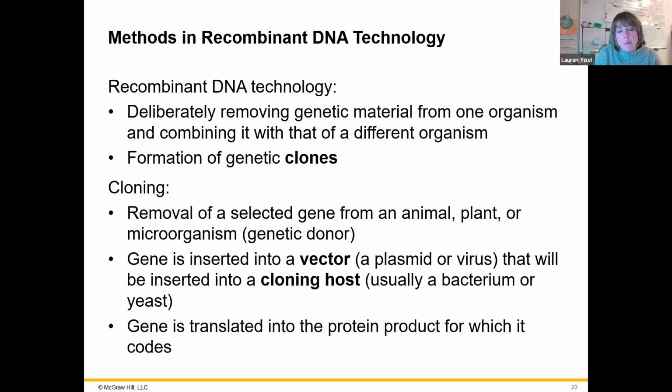Often this will be a plasmid, which again is just a circular bit of DNA that has extra genes in it, or it could be a virus, and then using that virus to stick new genes into places. We'll then insert the plasmid or the virus, or whatever, into a cloning host. We often will use bacteria like E. coli, it's commonly used, or yeast, which would be a eukaryote, which might be able to process genes if we didn't want to do that. So then that gene is then translated by that cloning host as a result of that.